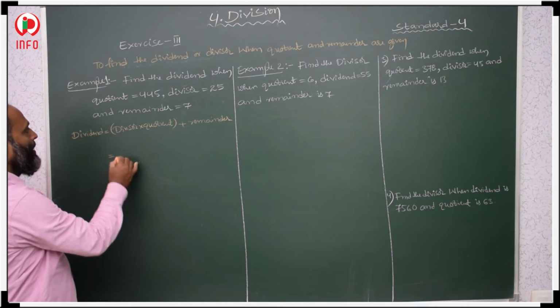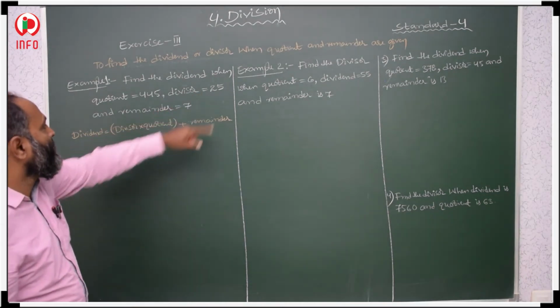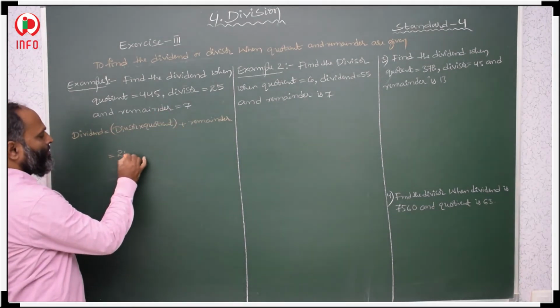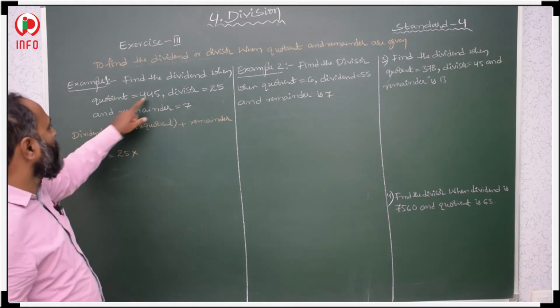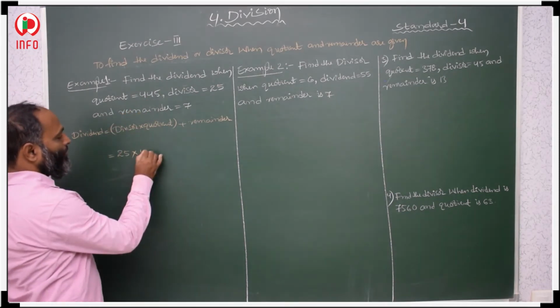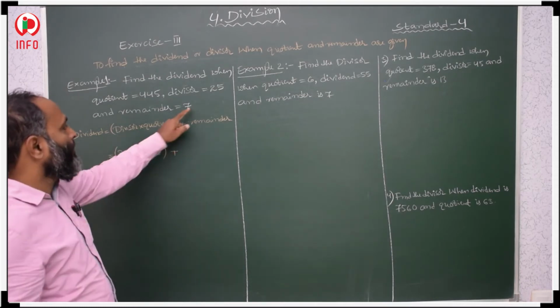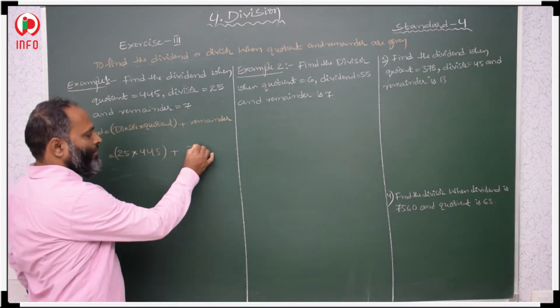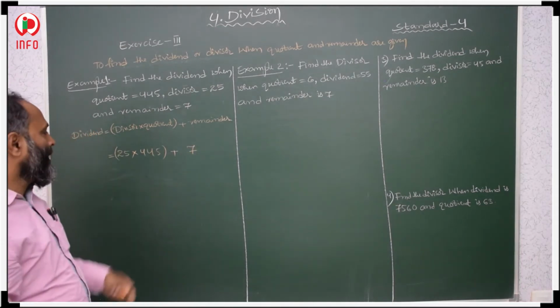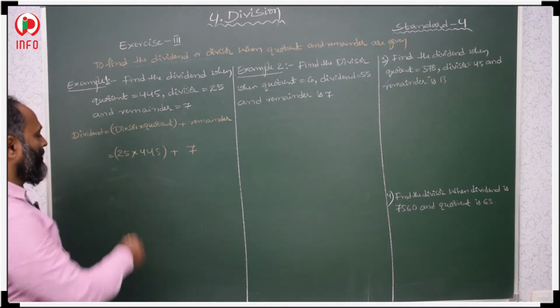So what is the divisor here? Divisor is 25. What is the quotient? 445. Plus, and what is the remainder? Remainder is 7. Now we have to multiply 445 with 25.